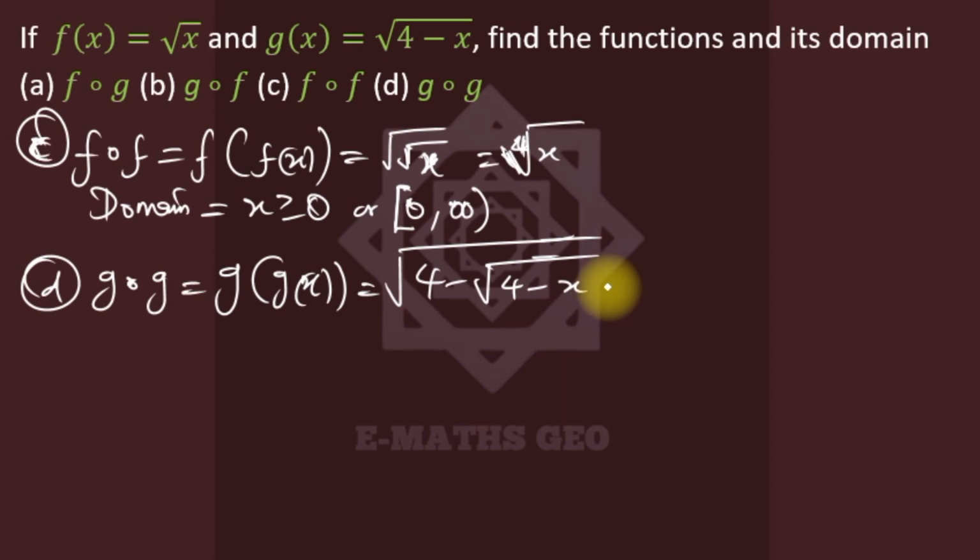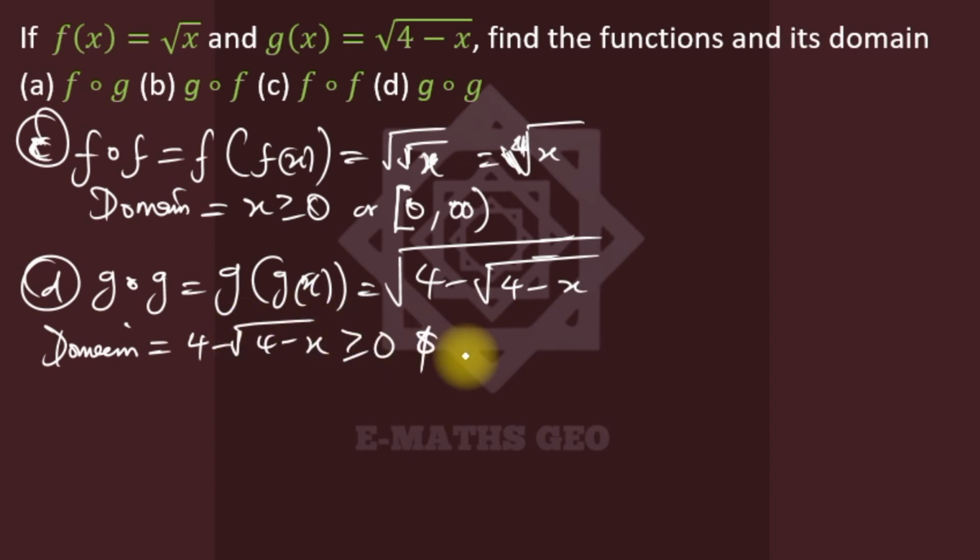For this to be defined, 4 minus the square root of 4 minus x must be greater than or equal to 0, and 4 minus x must be greater than or equal to 0. So we solve. This gives 4 is greater than or equal to x, or x is less than or equal to 4.